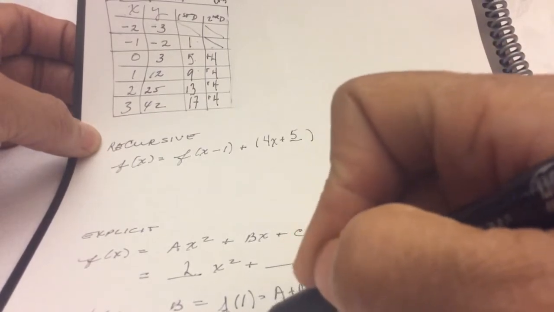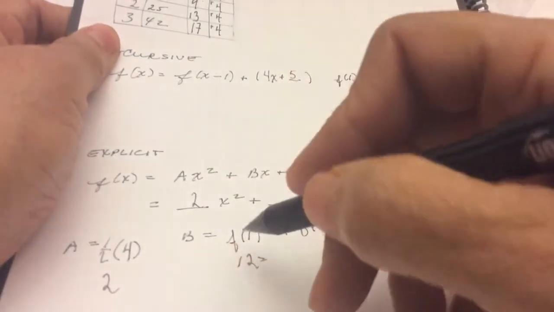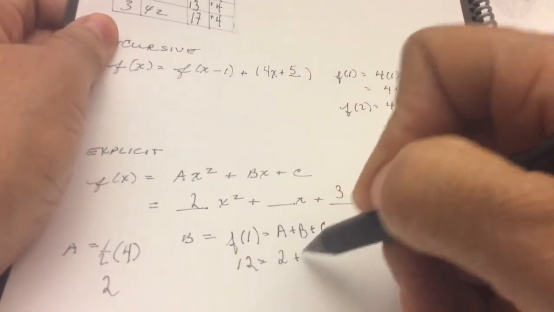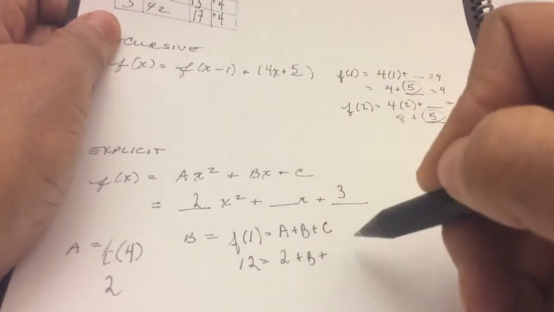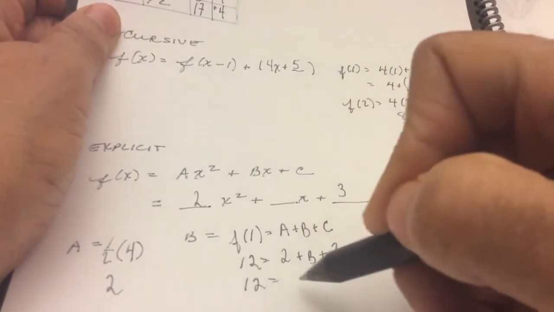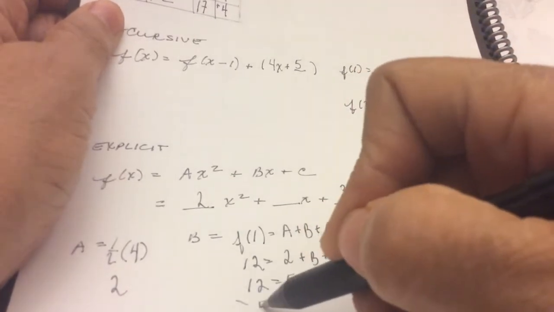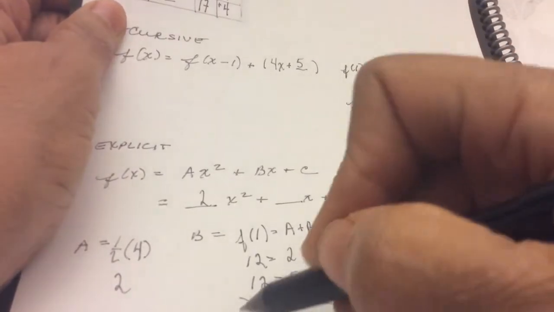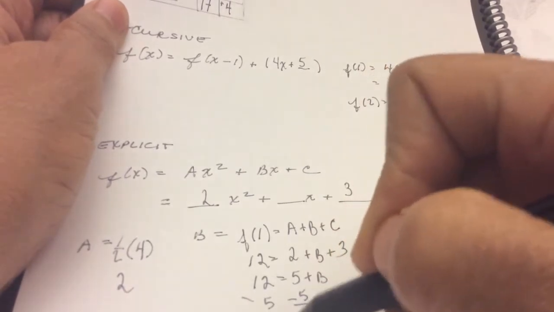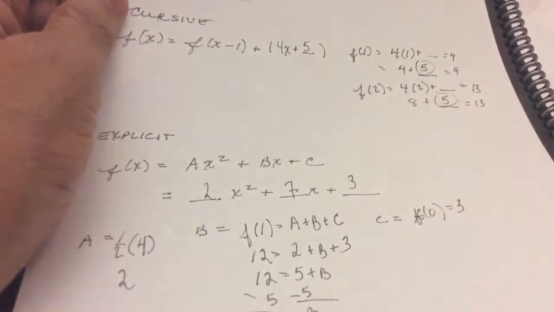So 12 is going to equal a is 2 plus b plus c is 3, which gives us 12 equals 5 plus b, and if we add a -5 to both sides, we get 7 equals b. So we're going to put our 7 right here where the b belongs.